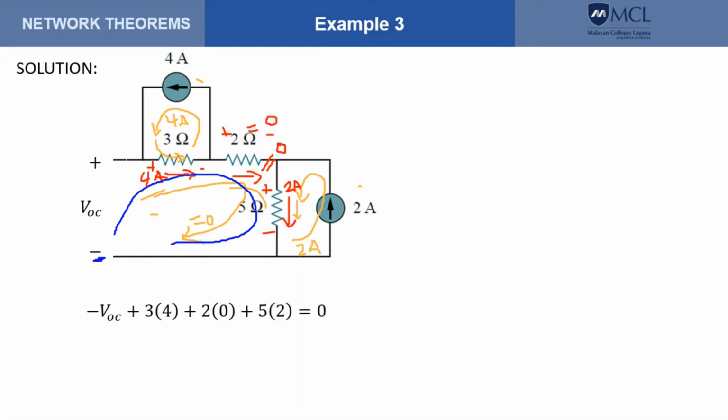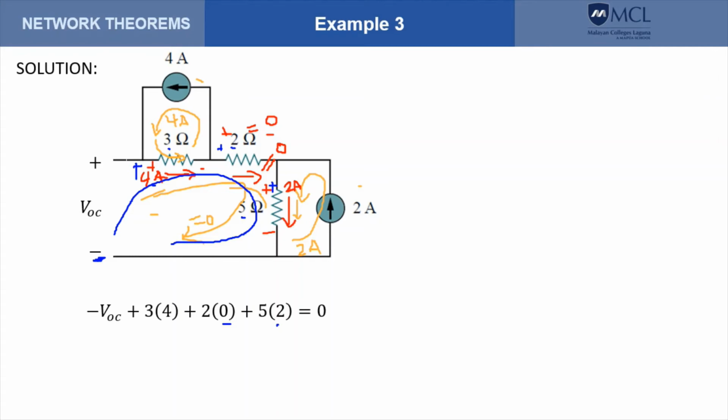Okay, so minus VOC plus 3 times the actual current 4 amperes, plus 2 times the actual current, which is 0, and then on to the 5 ohms, that would be plus 5 times the current 2 amperes equals 0.